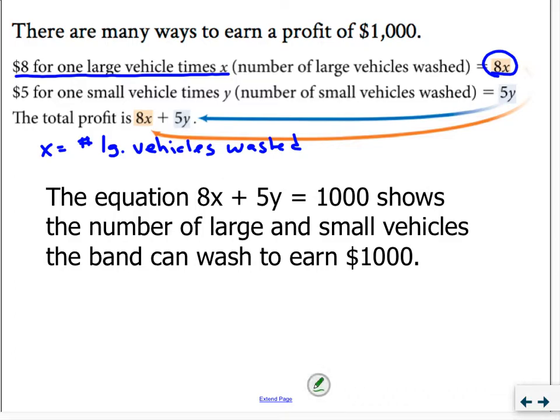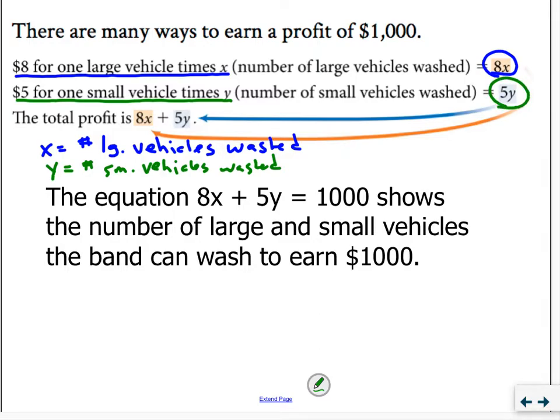And likewise, if we let Y represent the number of small vehicles washed, then each small vehicle will be charging $5. So if we multiply them together, 5Y represents the profit from washing those small vehicles.